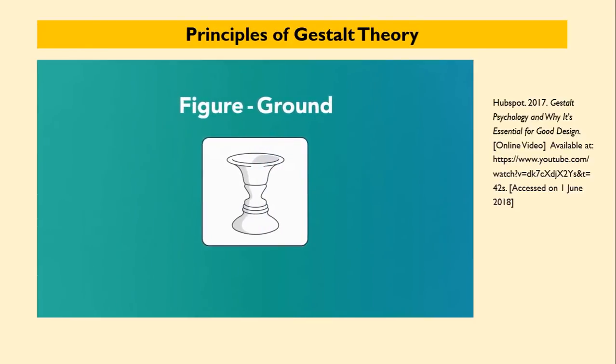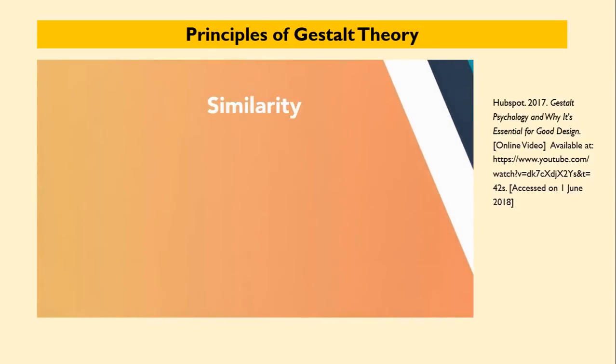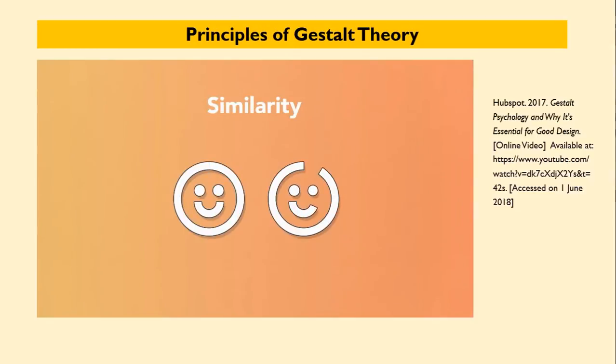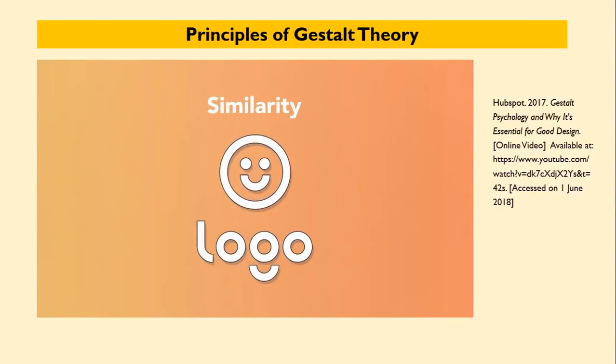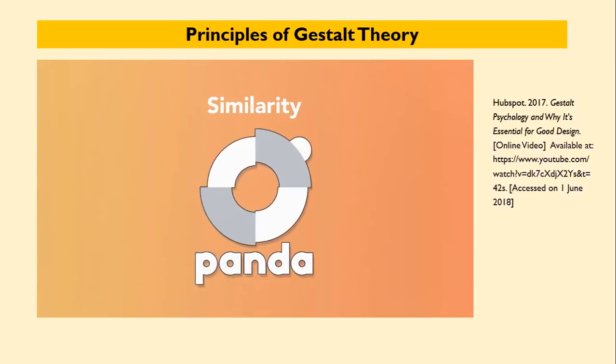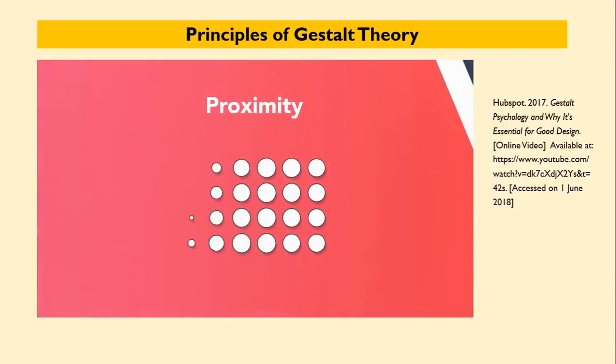Figure ground. The thought that when we look at a scene, we separate objects so that some are the focus, or figure, and others are the background. Similarity. The notion that we place objects with similar characteristics in a group. These characteristics can include color, size, font, shape, texture, and more. Proximity.